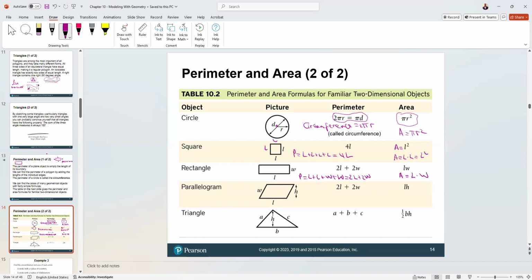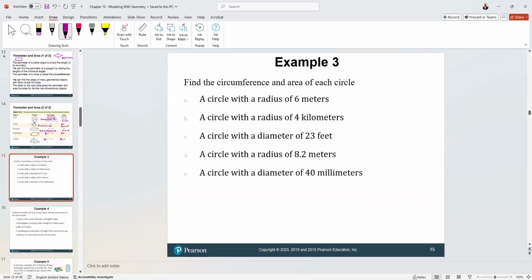All right? So we have the parallelogram and the triangle for both perimeter and area. Well, let's put A for area, P for perimeter. So now you know at least a few of the two-dimensional objects and the formulas we can use to find the perimeter and the area.